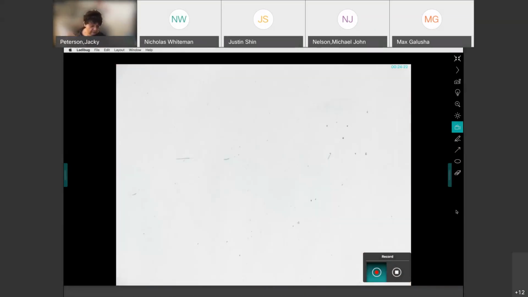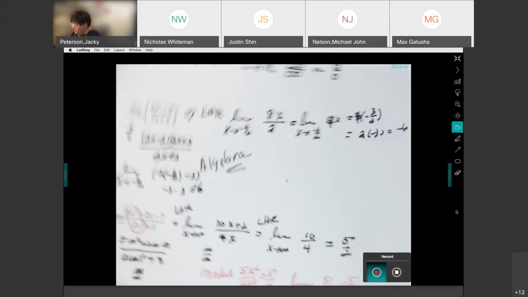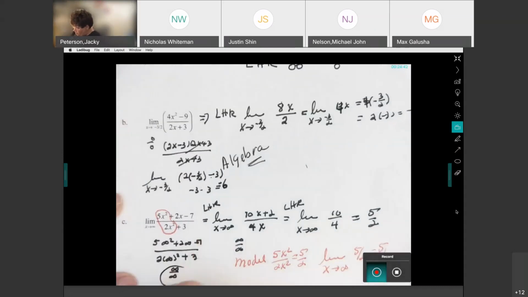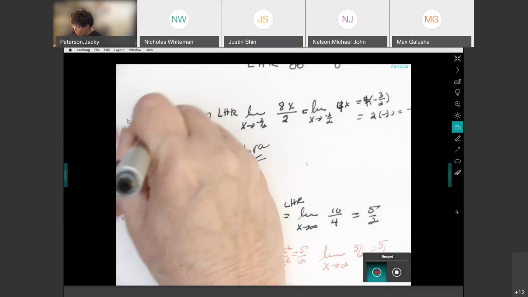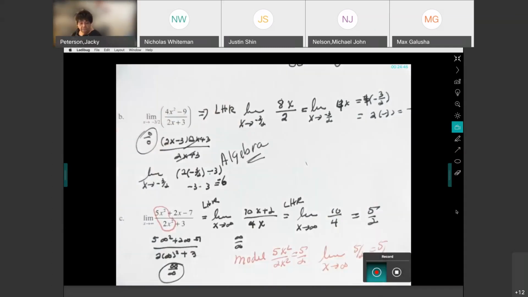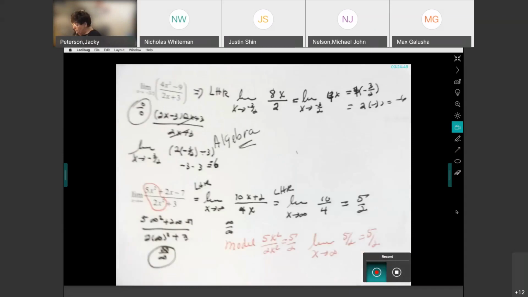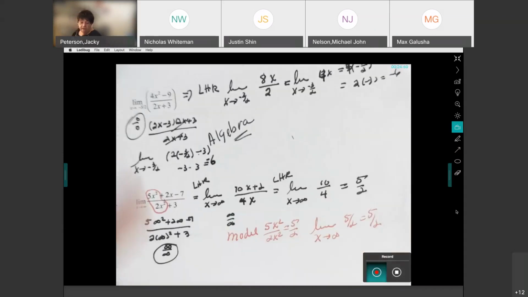And of course, problem number 5. You can't use it on every question. You cannot use L'Hopital's rule on every question. You can only use it on questions that have an infinity over infinity or a 0 over 0 form. If it's not one of those, you can't use L'Hopital's rule.